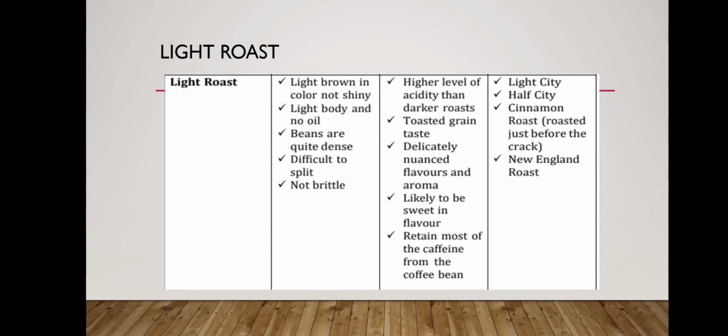And then itong fourth table is nagde-determine siya ng common name. Yung light roast, tinatawag din siyang light city, half city, cinnamon roast, or roasted just before the crack, or the New England roast. Yan yung ating light roast para ma-determine natin ano yung ine-expect natin sa light roast.